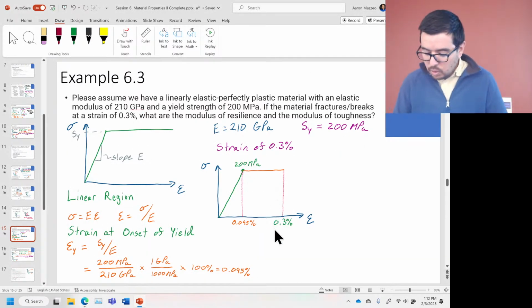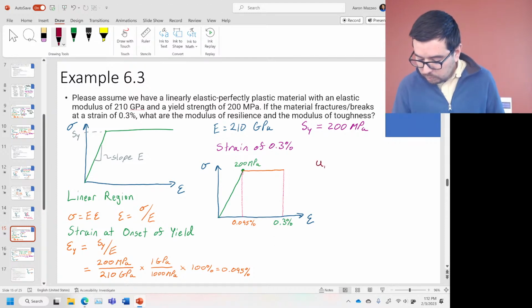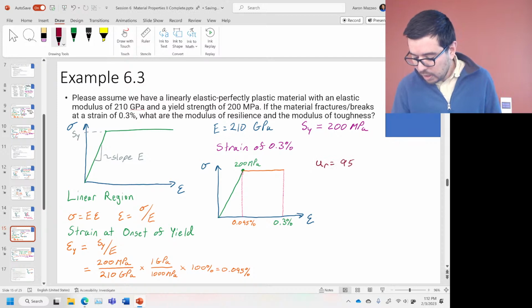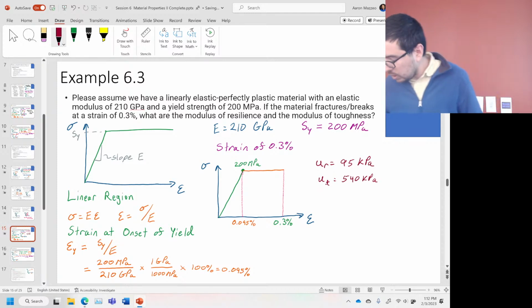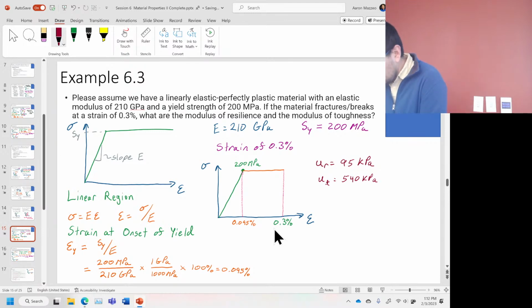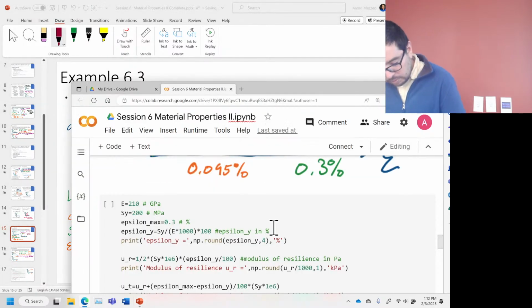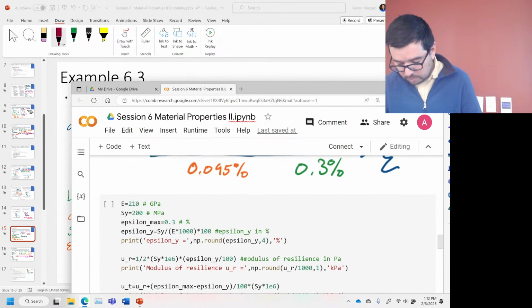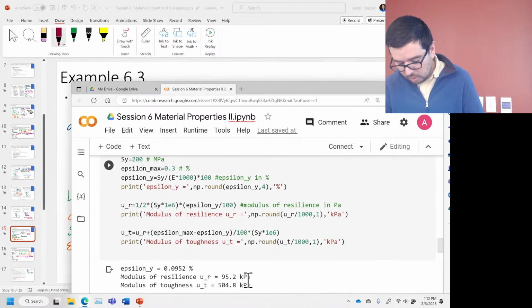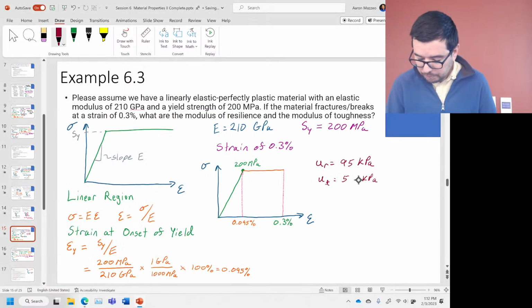So the modulus of resilience, I think it was around 95 kilopascals. And the modulus of toughness was like 540 kilopascals. It was just there and I can't remember. Oh, 95 and 505.